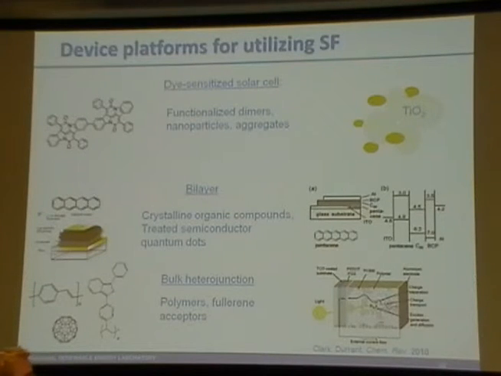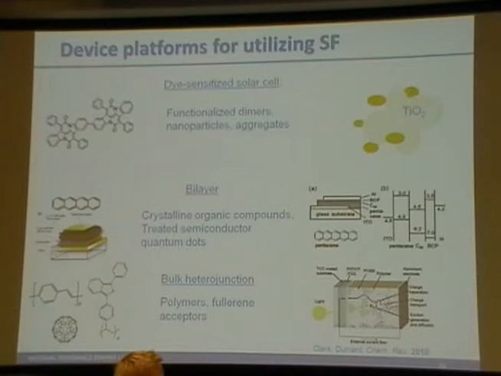And then the rest of it works like a normal solar cell. So there have been some promising results. The efficiencies themselves are not extremely high, but that's probably because the materials used are not optimal. But there's been some demonstration that the triplets produced by singlet fission actually are contributing to the photocurrent.